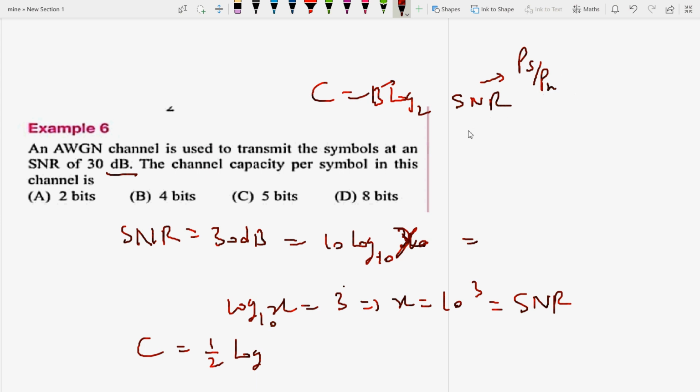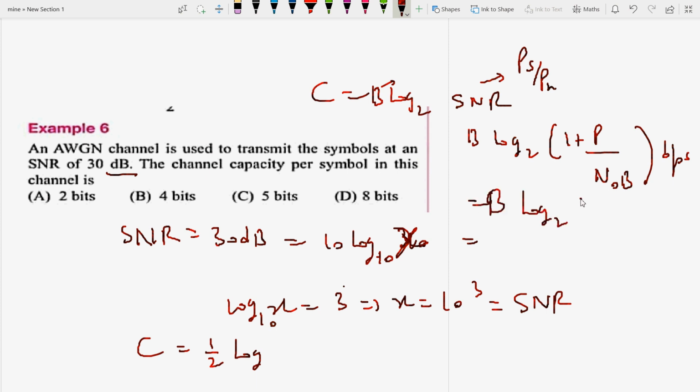So here I can write it as B log base 2 of 1 plus signal power P over N naught B, the noise power. Now P by N naught B is the SNR of the channel. So the formula is B log base 2 of 1 plus SNR bits per second.